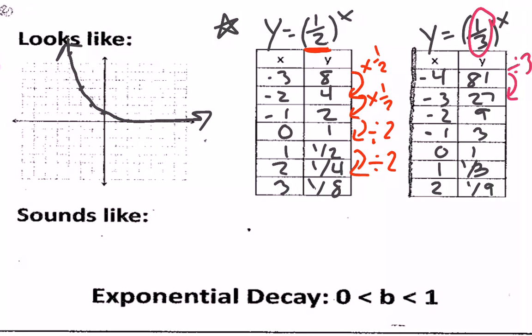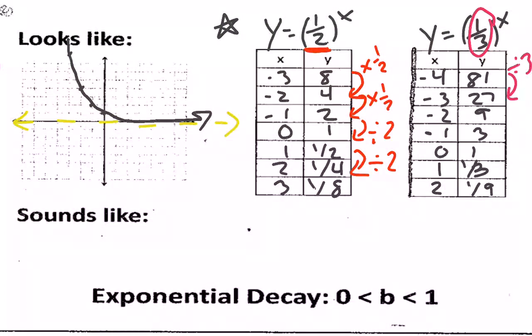So as I go from left to right, it is decreasing. It's getting smaller. And here's my lovely asymptote. It's approaching that. So it's never going to become a negative.